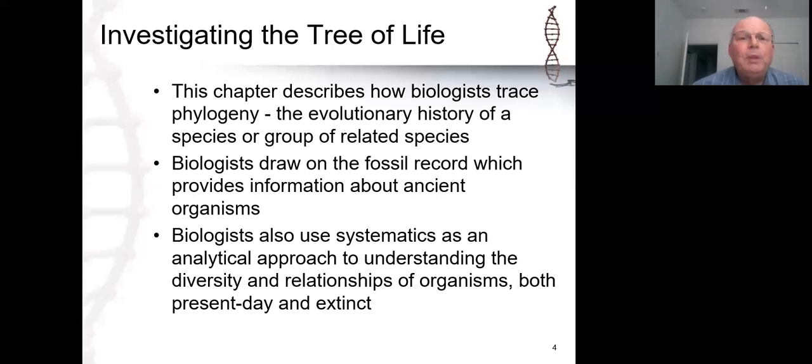And so we have a system of groupings, which most of you are most likely familiar with, either from high school, or certainly from Bio 1. You were introduced to the more recent groupings, what is referred to as systematics and taxonomy, where you have the three major domains, or the three-domain system: the bacteria, the archaea, and the eukarya.